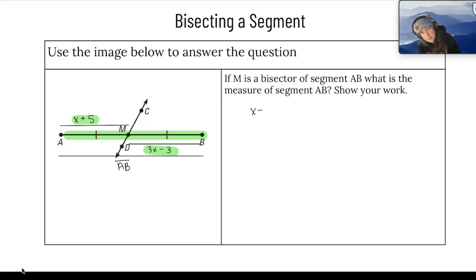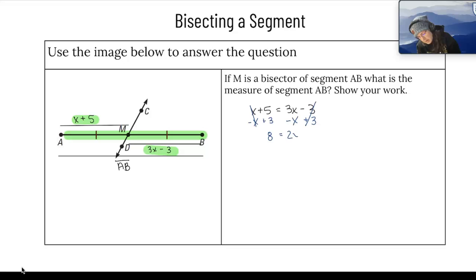So we have x plus 5 is equal to 3x minus 3. Now we're going to solve for x, and do the same actions at one time. The reason that I'm subtracting the smaller x is because then I'll have a positive 2, and the reason that I'm adding to the subtracted number is because then I'll have a positive number.